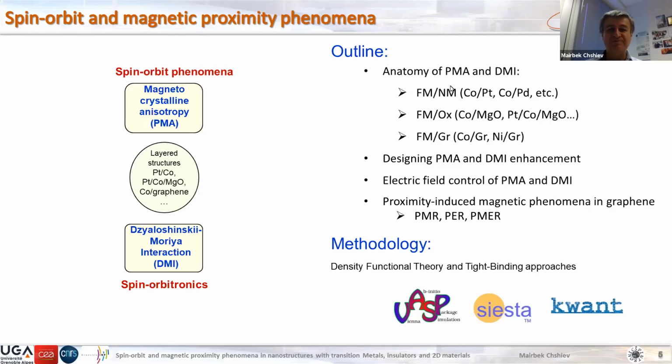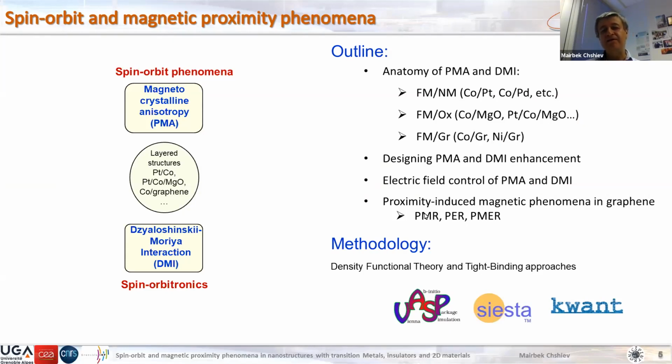I will show you some physical origins and mechanisms of perpendicular magnetic anisotropy and DMI in metallic ferromagnet heavy metal interfaces, or magnet with oxide interfaces, and also with graphene. Then several recipes: how can we enhance both the PMA and DMI, how can we control them?